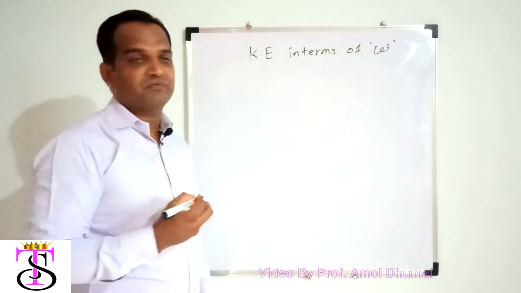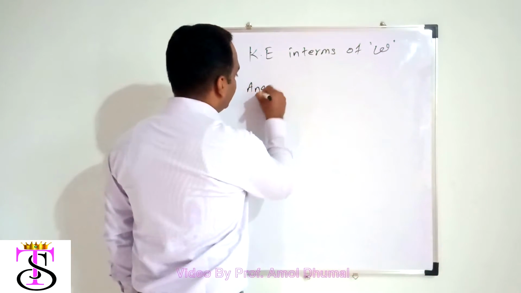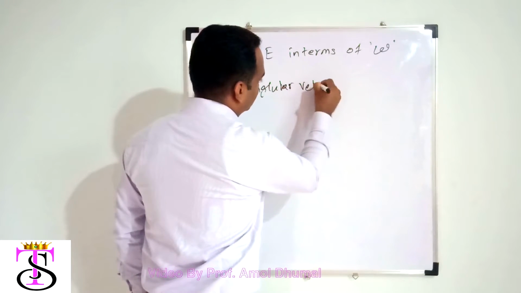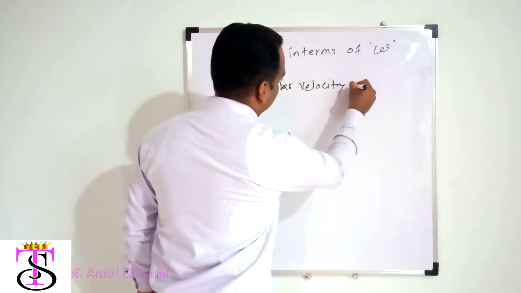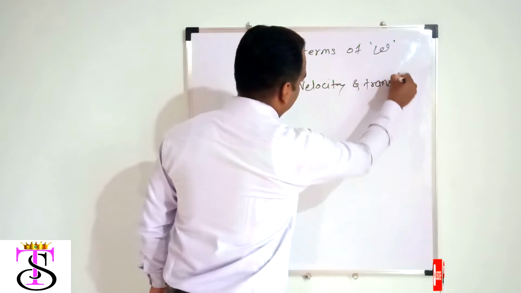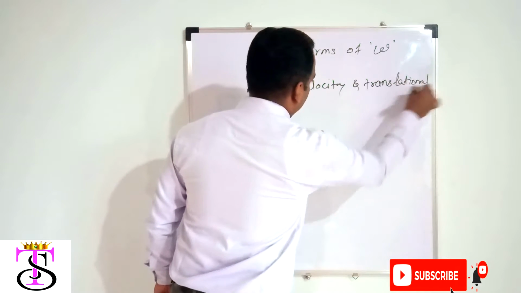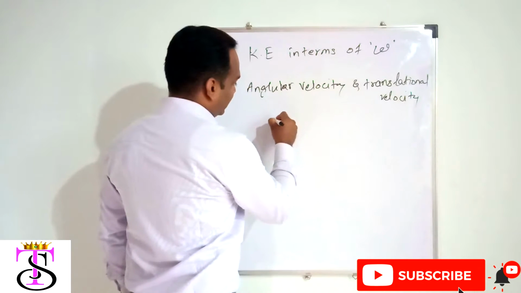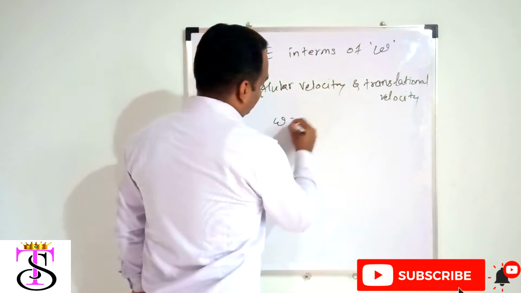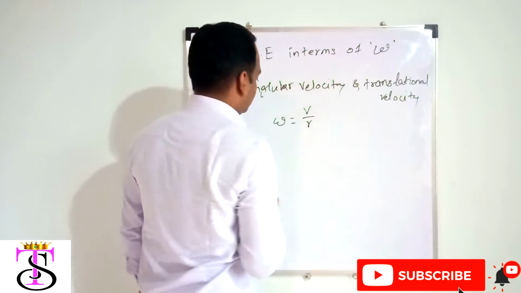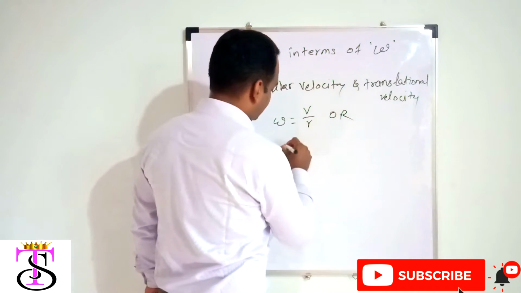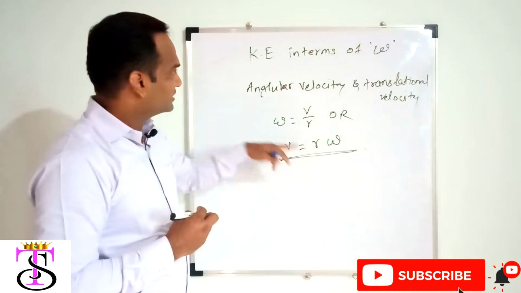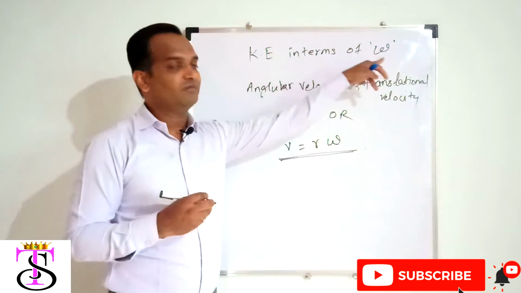We know the relationship between the angular velocity and translational velocity. The angular velocity omega is v by r, or we can write it as v is equal to r omega. Using this equation, we can formulate kinetic energy in terms of omega.